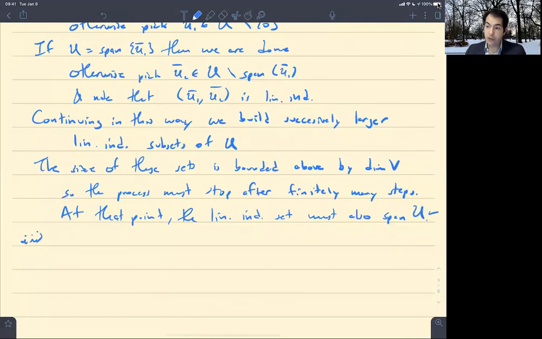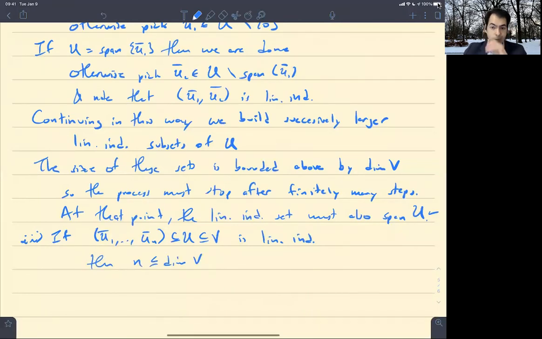Okay, 2, we want to show the dimension of U is less than or equal to the dimension of V. So, well, if U1 through UN inside U, which is inside V, which is finite dimensional, is linearly independent, then N is less than or equal to the dimension of V, right?